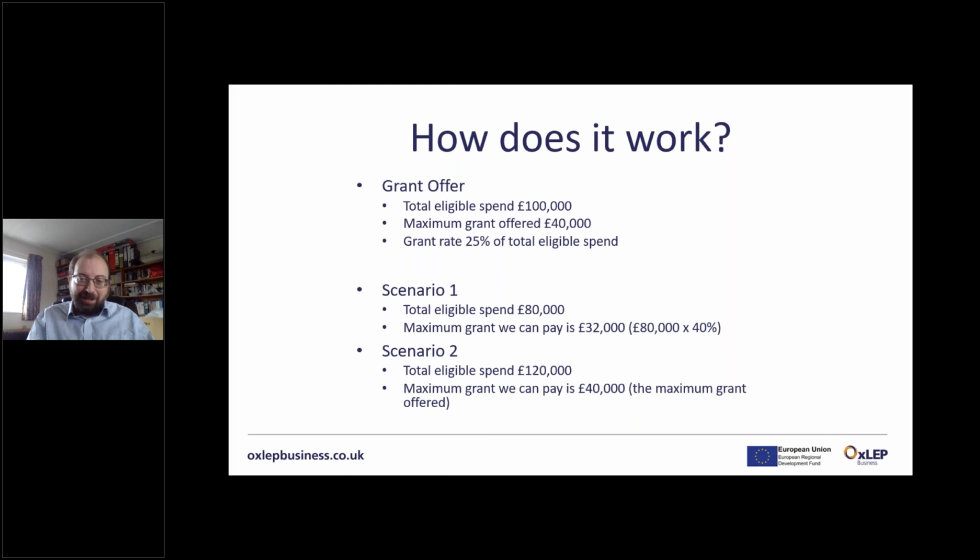So we can pay the lowest of the grant rate against your total costs or the maximum grant that we have offered. Now we've set that out in the grant offer letter in a fair amount of detail, and it's something that we'll cover in a kick-off meeting with all successful grant recipients, where we walk you through the process for how the grants work. Next slide, please.